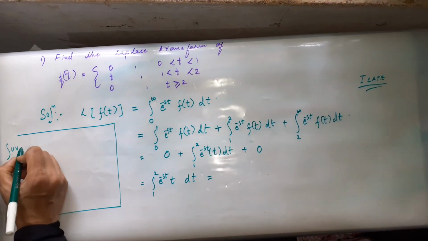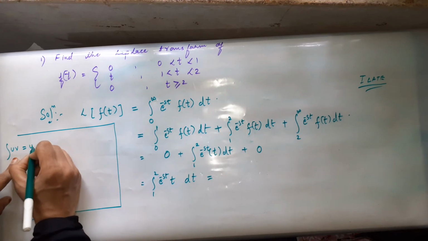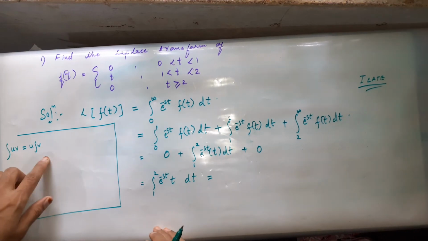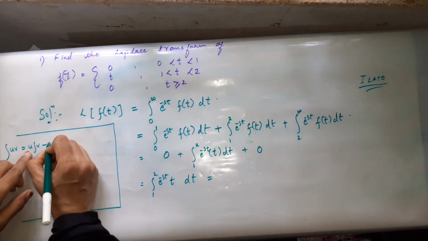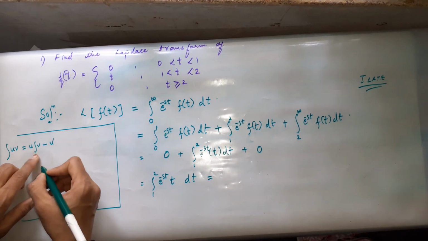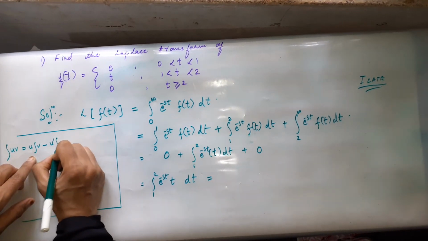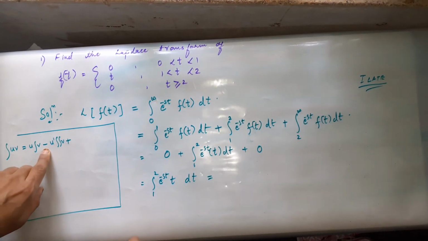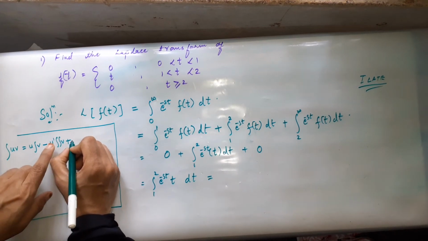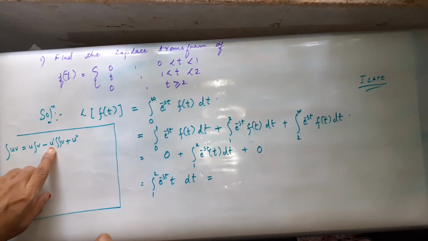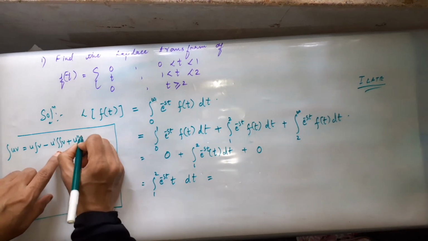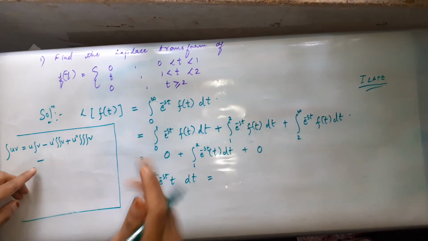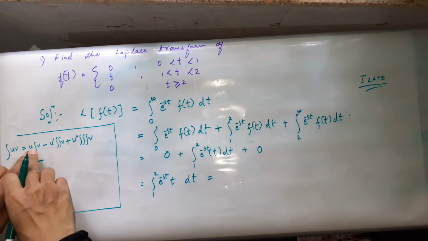Bernoulli's rule says you can write it as u times the integral of v, minus the derivative of u, that is u dash, times the double integral of v, plus u double dash times the third integral of v, and so on. The signs alternate: plus, minus, plus, minus.